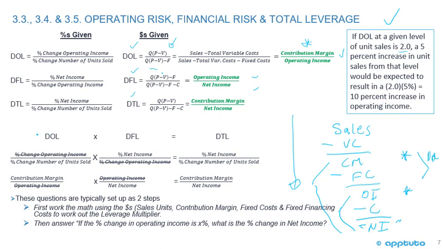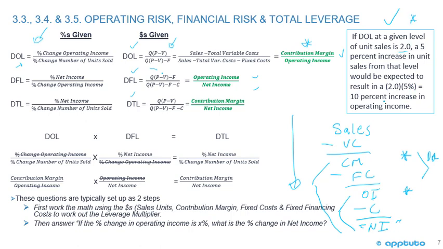So we can see the next thing that we move to, and that's why over here in terms of the percentages, this is important to understand. So we can see the degree of operating leverage is the percentage change in net income from the percentage change in the number of units sold. And so that's what I showed you, kept the example here from the previous slide, and that's what it's all about.